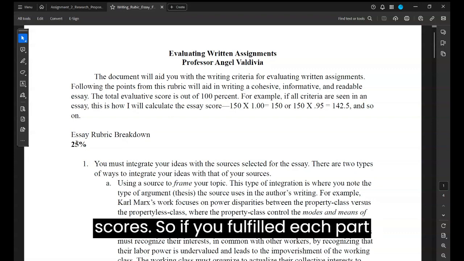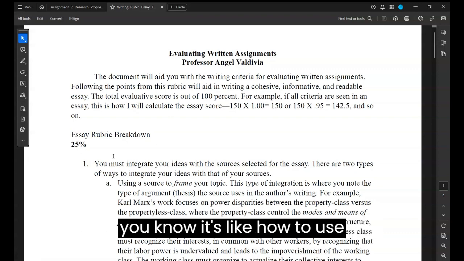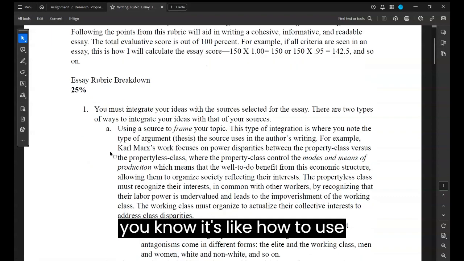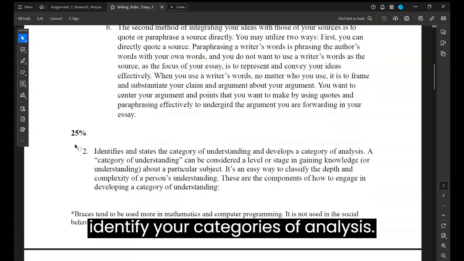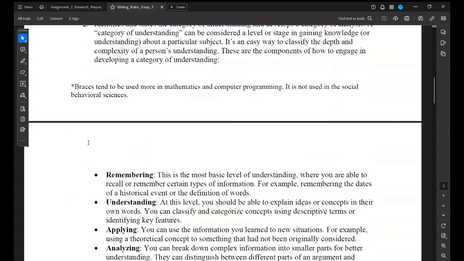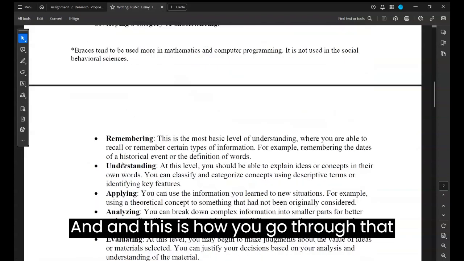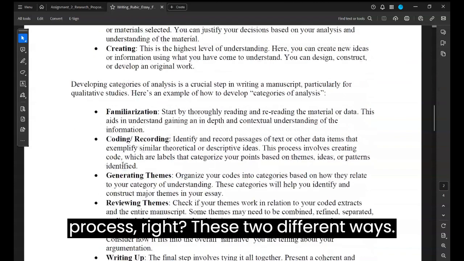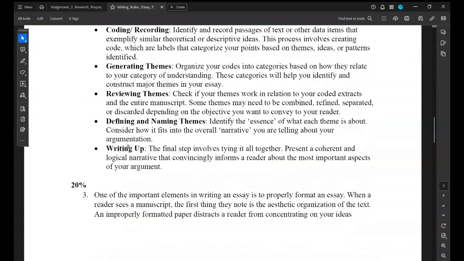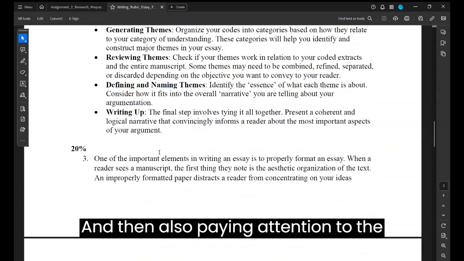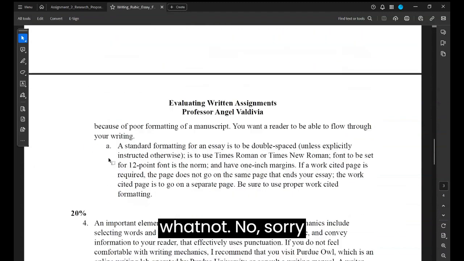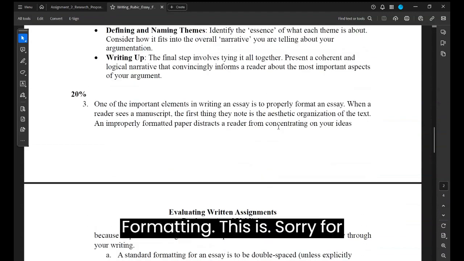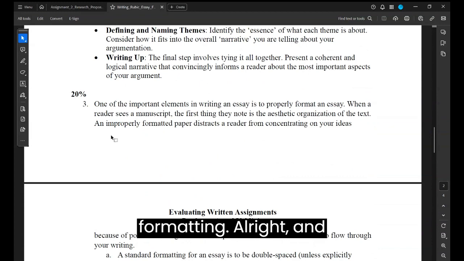So if you fulfilled each part, like how to use the sources, being able to identify your categories of analysis, and this is how you go through that process, right? These two different ways. And then also paying attention to the elements of writing, like formatting, sorry, this is for formatting.